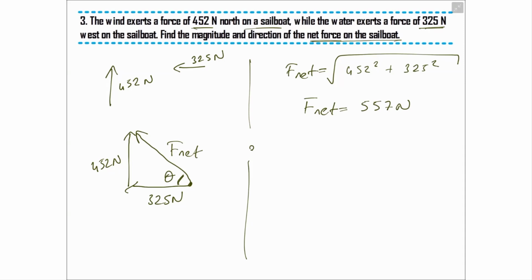This is the angle. Theta equals tangent inverse of opposite 452 over adjacent 325. So it will be 54.3 degrees. But here it is not in the first quadrant, so we have to mention this: the angle is north of west.